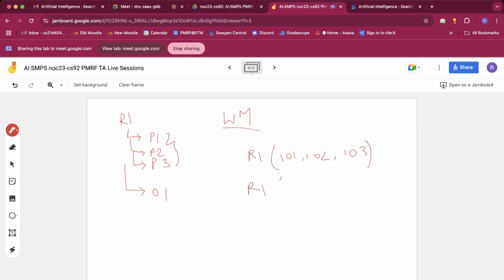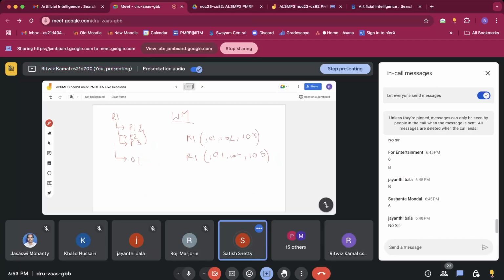Another possible combination could be 101, 104, 105. Like in the previous case we formed two tuples or pairs, here we will form three tuples. It all depends on how many preconditions we need to have satisfied. Even if the class name of two of the preconditions is the same, they would take on different values, right?